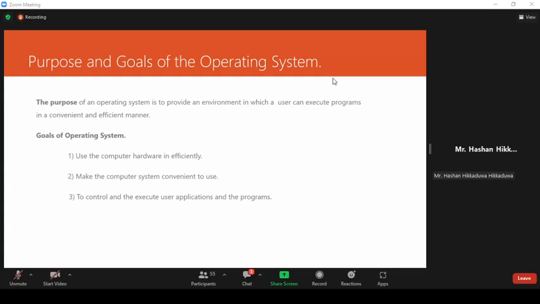The goals of operating systems are to use the computer hardware efficiently, to make the computer system convenient to use, and to control and execute user applications and programs.